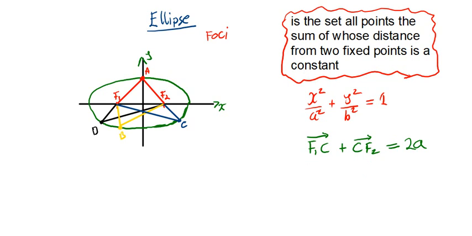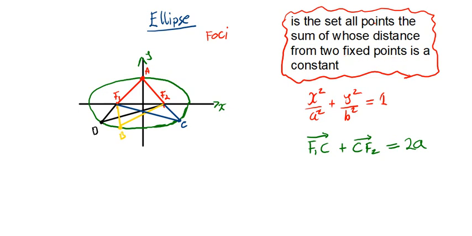Okay, so this is how the equation of the ellipse is going to appear. But what we do is that when you look at the definition, it's saying it's a set of points, the sum of whose distance from two fixed points is a constant. So those two fixed points I'm talking about are F1 and F2. That's the foci. You have focus 1 and focus 2. Those are the two fixed points that we are talking about in this part of the definition.